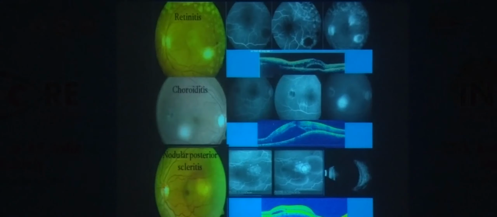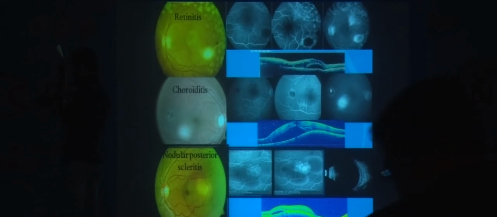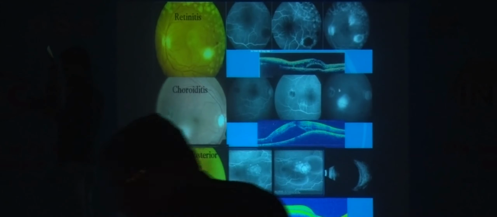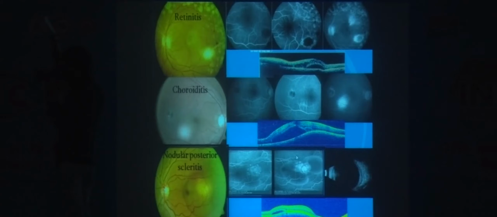If you look at retinitis, the early hypofluorescence is much more significant as compared to what you see in a choroiditis. Later on, the hyperfluorescence that is perilesional usually happens in a retinitis, whereas the diffuse one happens in choroiditis, and in a scleritis you will see multiple pinpoint lesions.